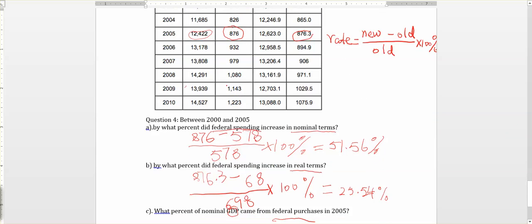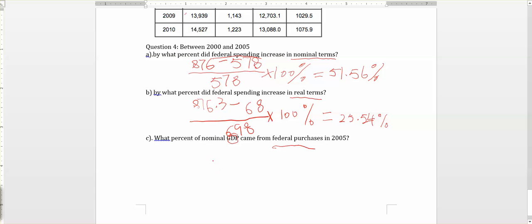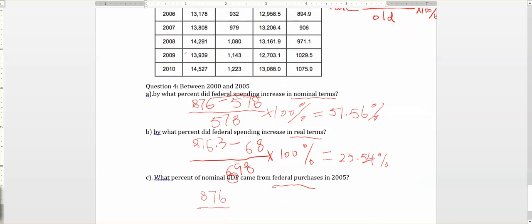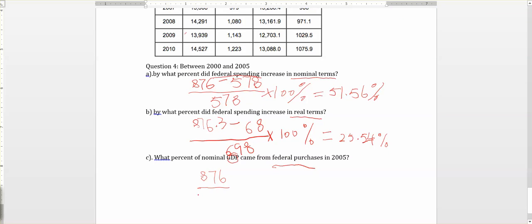So you take the federal spending in 2005, which is 876, and divide by the total GDP in 2005, which is 12,422, times 100%.